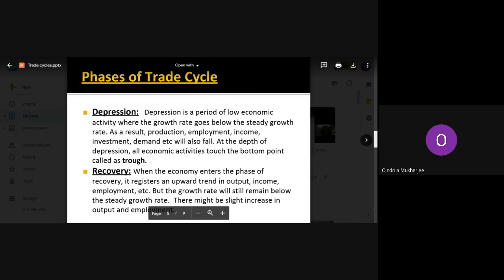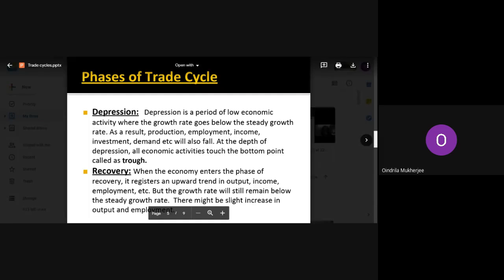Then as a result, the production activities are not being undertaken in the country. So all these problems we can see when there is a depressionary phase, and the economy entirely reaches the bottom point, and that bottom point is called a trough. Trough. Okay, so this is about your depressionary phase, right?